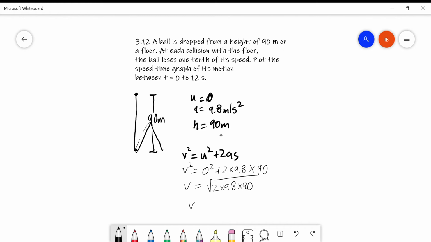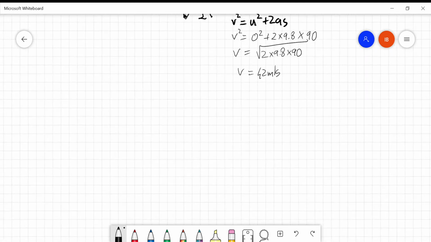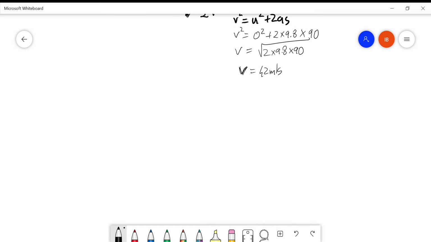For solving this, we'll get 42 meter per second. So we got that velocity is equal to 42. Now according to the question, at each collision with the floor, the ball loses 1/10 of its speed. We know that the velocity is 42 meter per second.